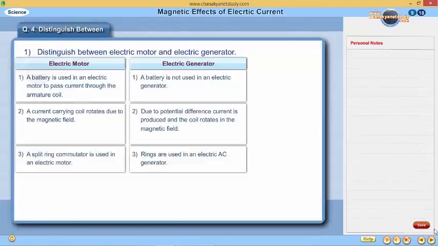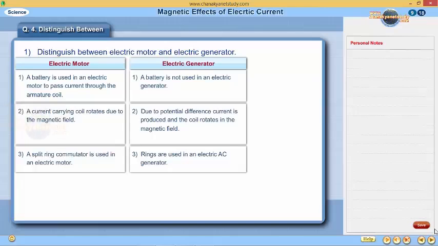Question number 4. Distinguish between electric motor and electric generator. Electric motor. 1. A battery is used in an electric motor in order to pass a current through the armature coil. Electric generator. 1. A battery is not used in an electric generator. Number 2.